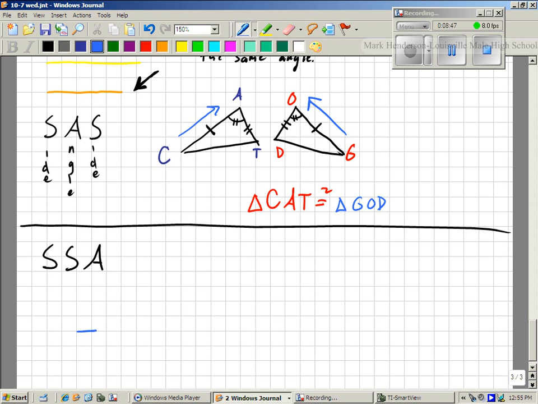So let's look at what that looks like. Let's say I have this angle, and then I know that this is congruent to this. Here's the problem. I can have something that looks like this. Does that make sense? That's why side-side angle does not work. See, I have the same angle. So let's say I have ADT.